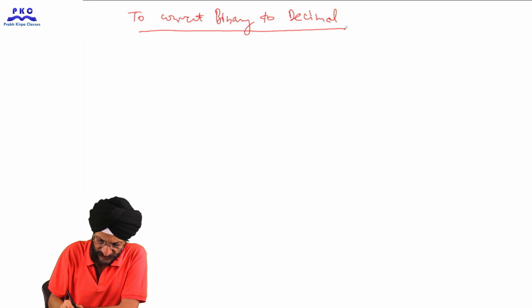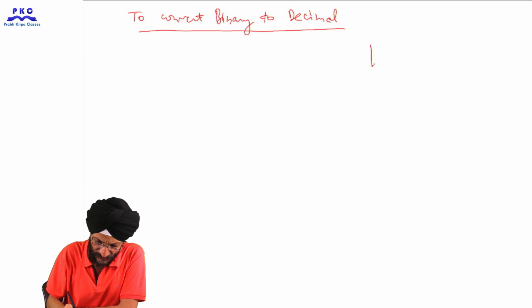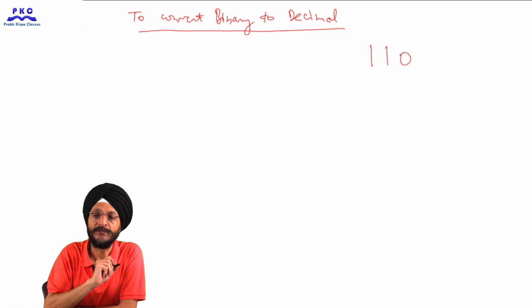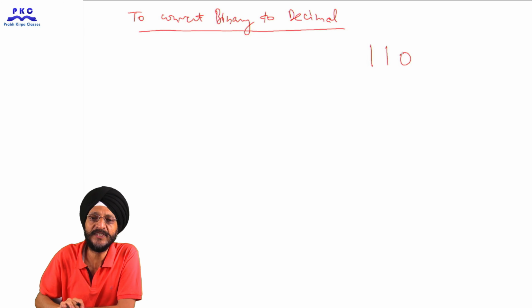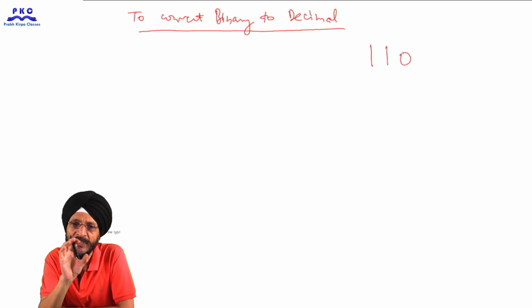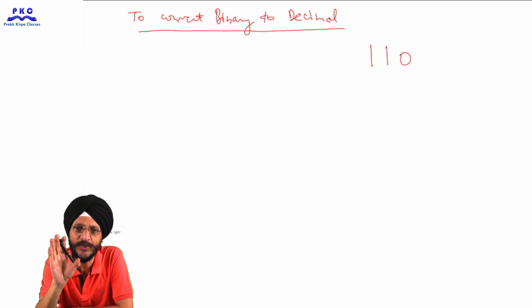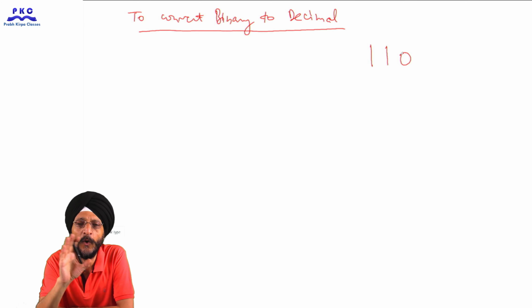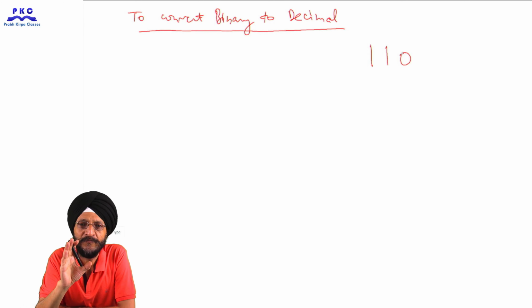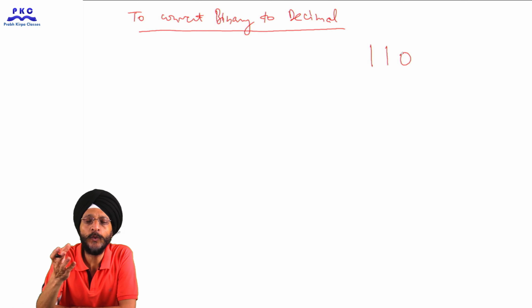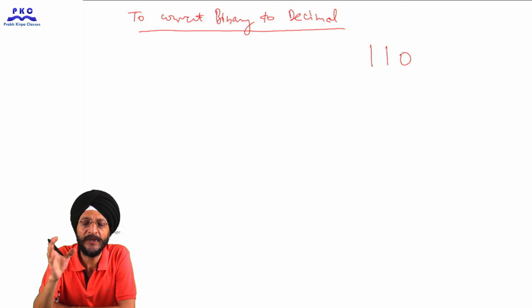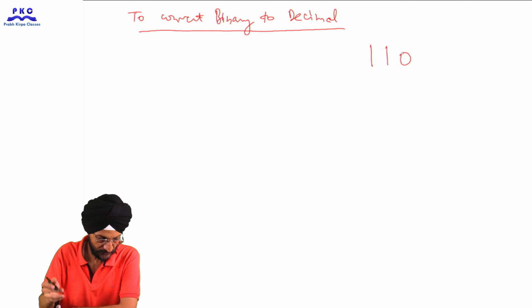Now, suppose there is a binary number 110. This is a number which the computers can understand because they understand only the language of 0s and 1s. Now, how do we convert this binary number into a normal decimal number which we normally use?